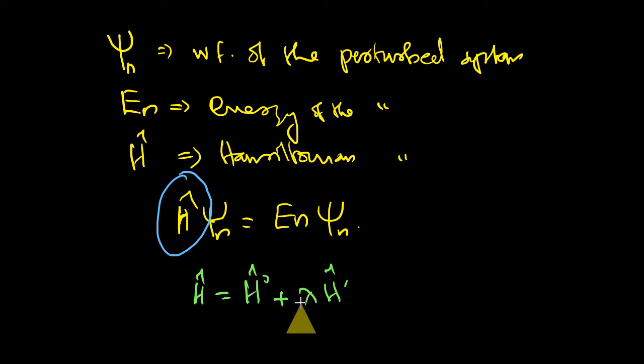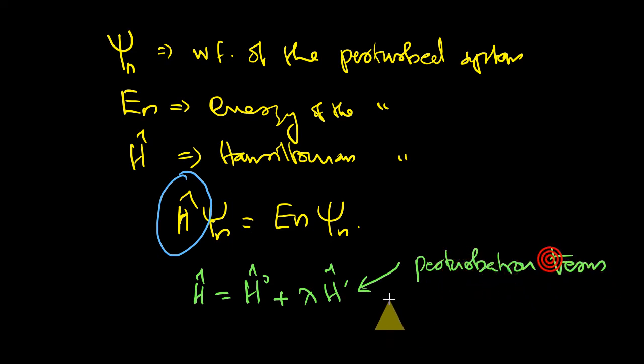Okay, and h cap dash, this is very important. The h cap dash is the perturbation term in the Hamiltonian. So this h cap dash is the part which describes the perturbation of the system. And this lambda denotes the weight of perturbation.